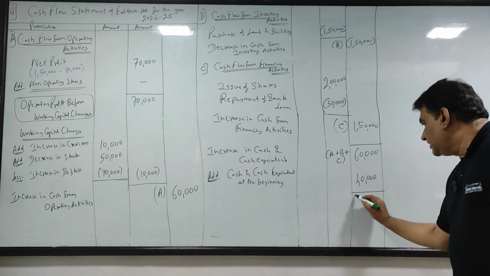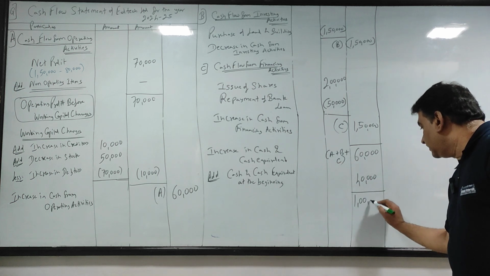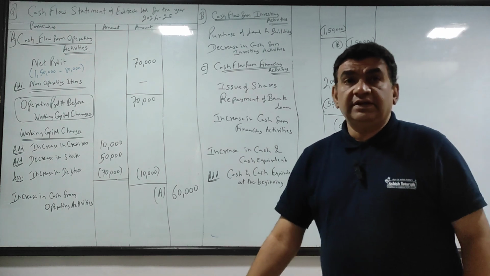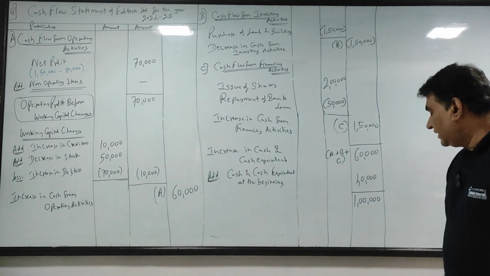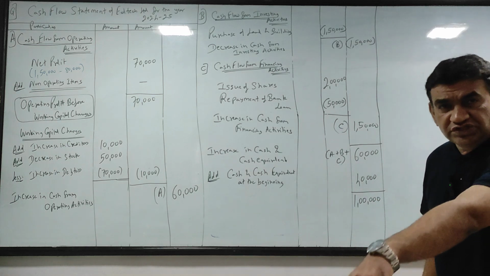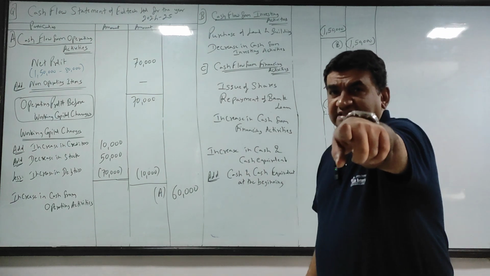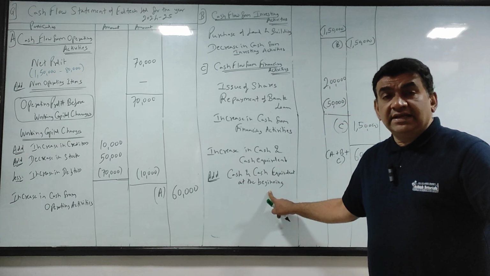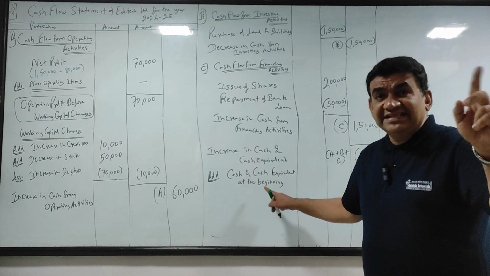So 60 plus 40 gives you 1 lakh, and this 1 lakh, if you see, is your closing balance. See, the second year comes out 1 lakh. Beginning means opening, closing means end.